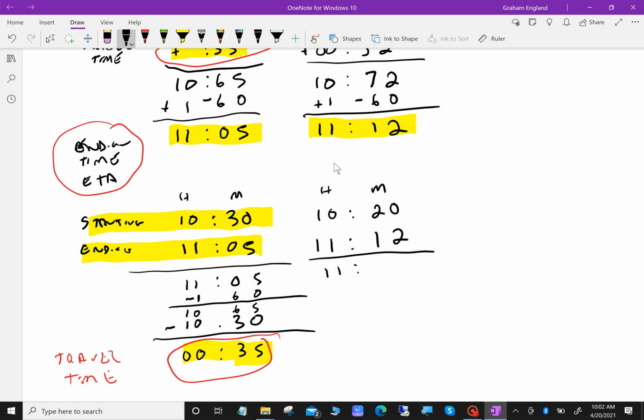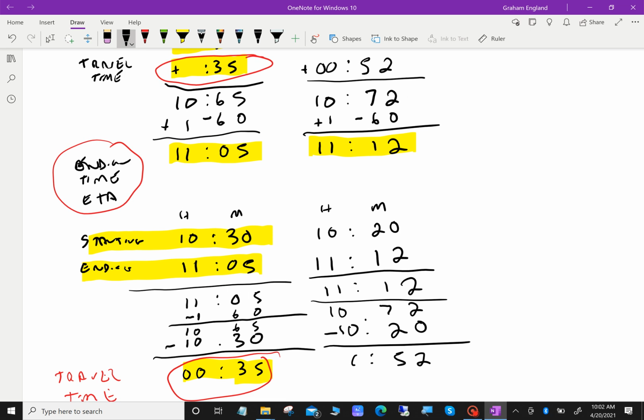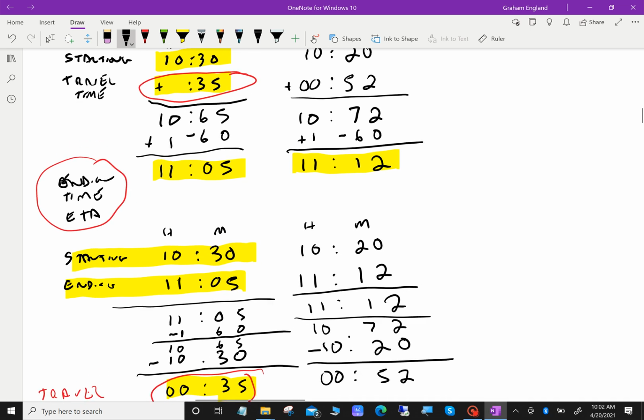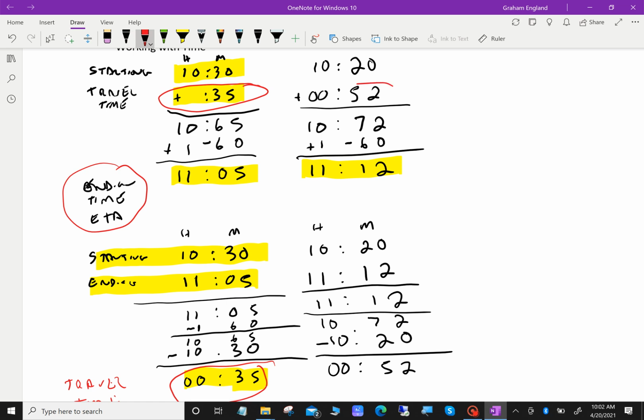So we take the 11:12 and we want to subtract 10:20. But again, this 20 is bigger than the 12. So we steal an hour from this side. Don't put 100 over here. So we steal an hour and we make that 10, and we add 60 minutes. So it's 72. Now we can do the subtraction. So that's 52 minutes and 0 hours. And sure enough, the two numbers agree.